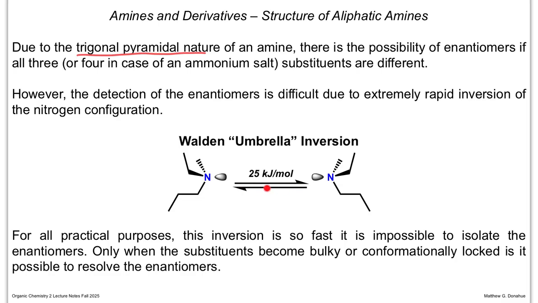This happens so fast that it's hard to determine that. If these groups get sufficiently bulky, then in theory you could freeze out one of these to prefer one stereoisomer over the other. But overall, this is called a Walden inversion, or umbrella inversion.